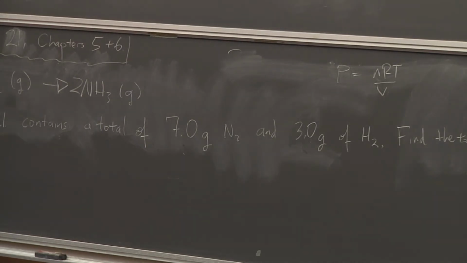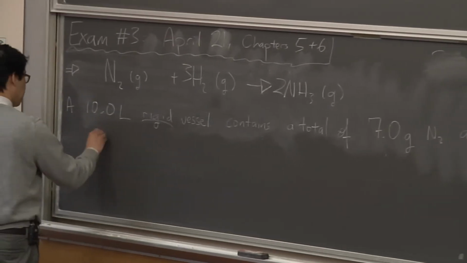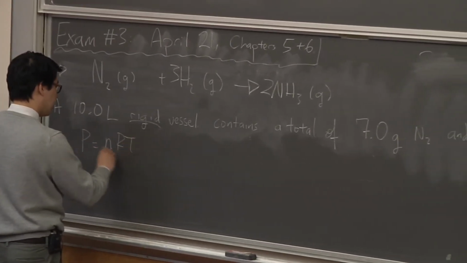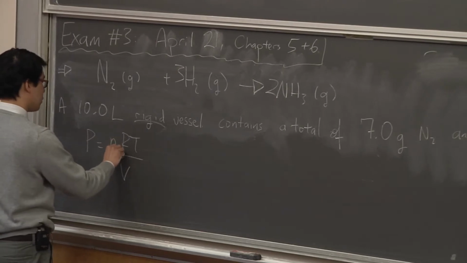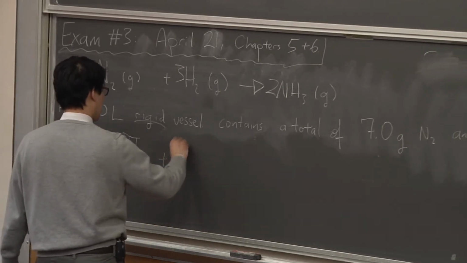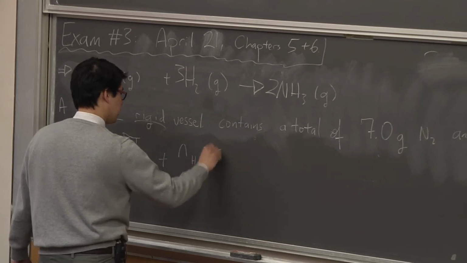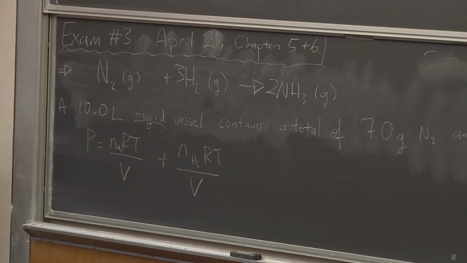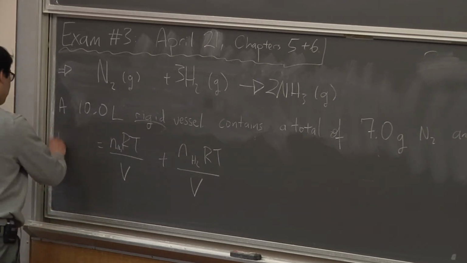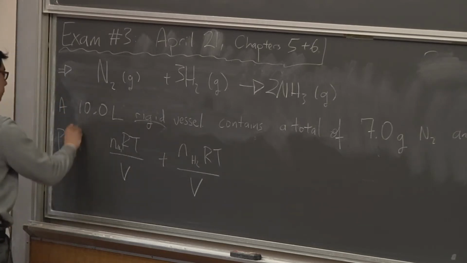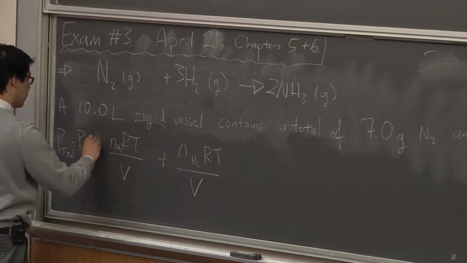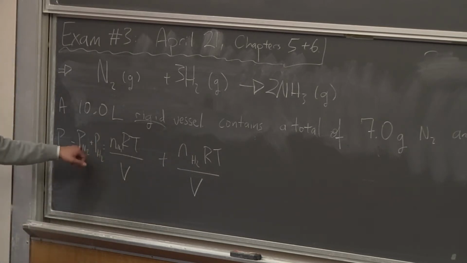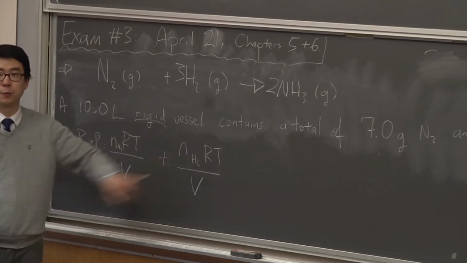And so what I want to do is P equals nRT over V for N2 plus n of H2 RT over V. So P total equals partial pressure of N2 plus partial pressure of H2.